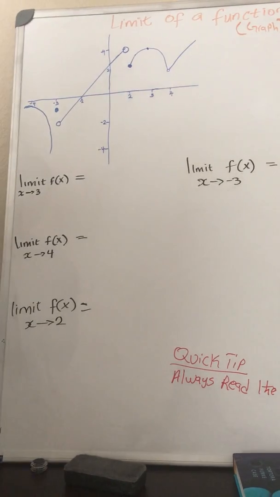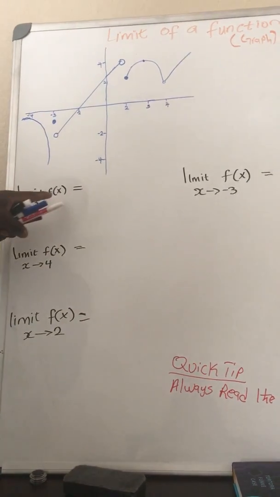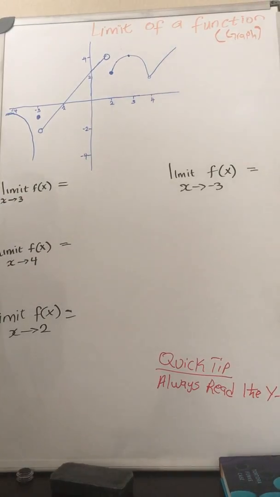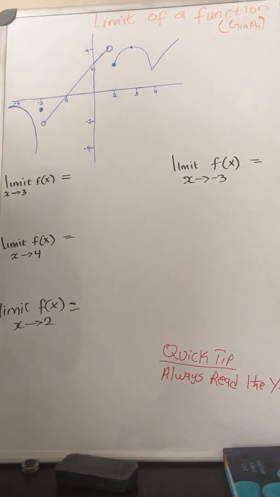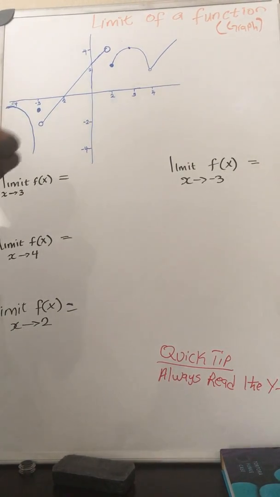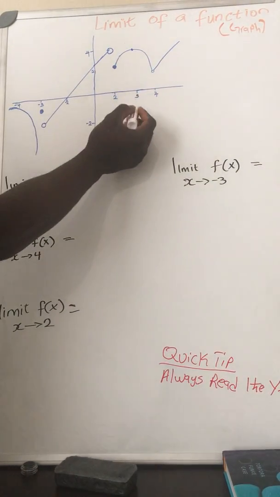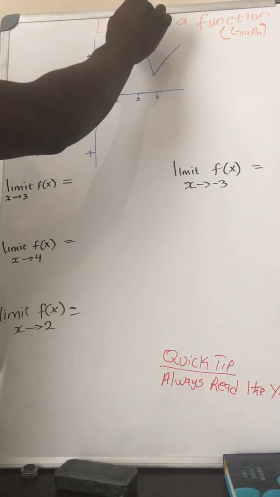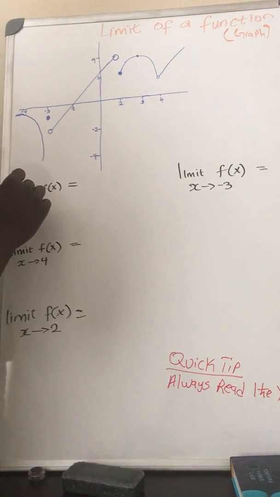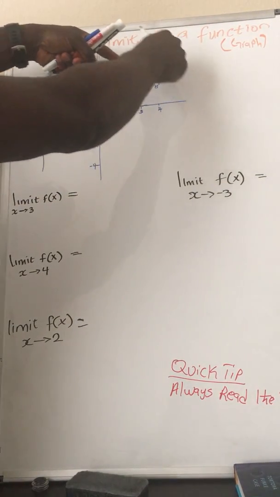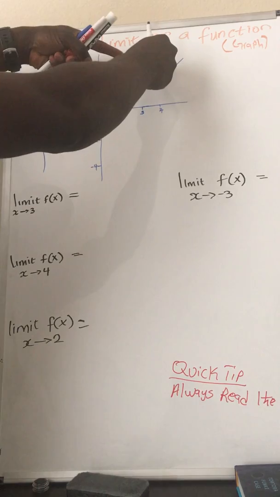So the first question is: find the limit of f of x as x approaches 3. So 3 is located right here in the graph. We have to look at the limit from both sides, from the right and from the left.